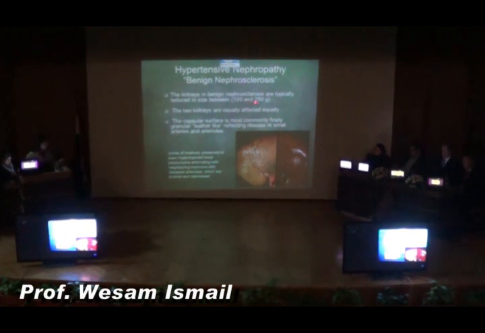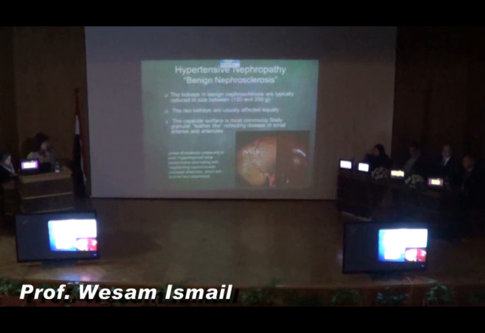Typically, the kidneys in benign nephrosclerosis are reduced in size, and I guess we all know that it's the size which is important in a hypertensive patient rather than the echogenicity of the kidneys. The size ranges between 120 and 250 grams; normal is 300. The two kidneys are usually affected equally, and the capsular surface is most commonly finely granular. The term used is leather-like or leathery surface.